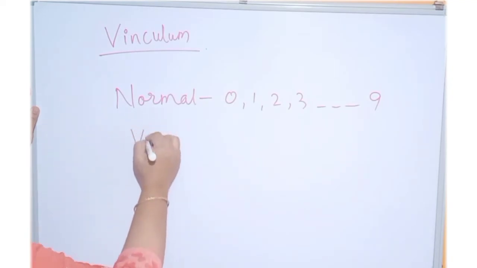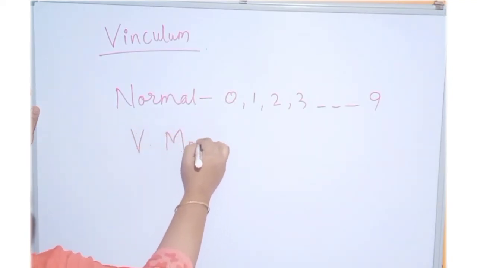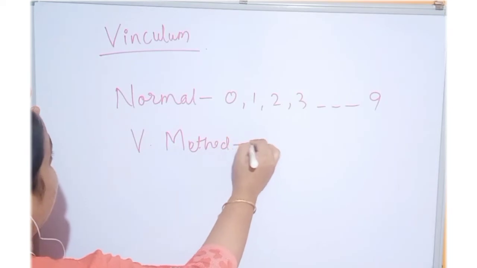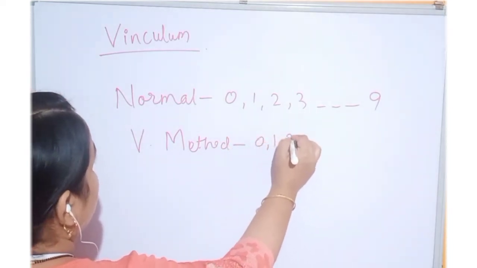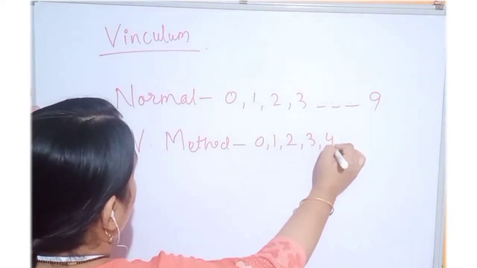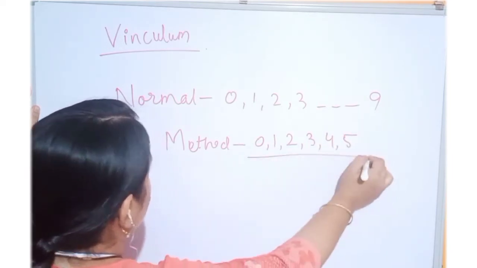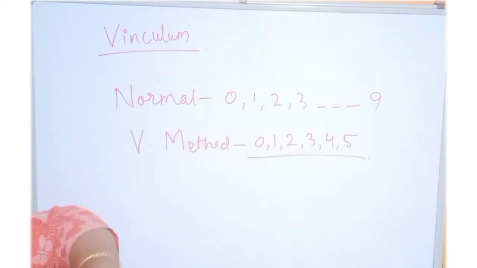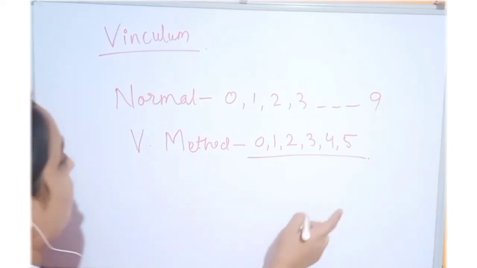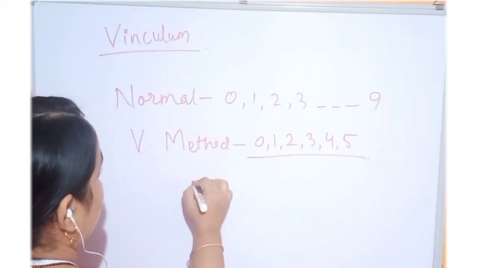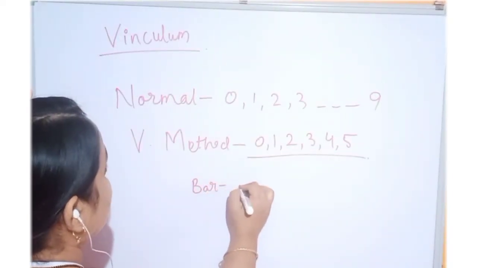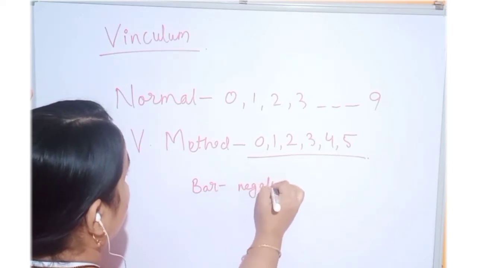But in the vinculum method, we have 0, 1, 2, 3, 4 and 5. That's it. After 5, whatever number we have, we will use as a bar number, which is a negative number.